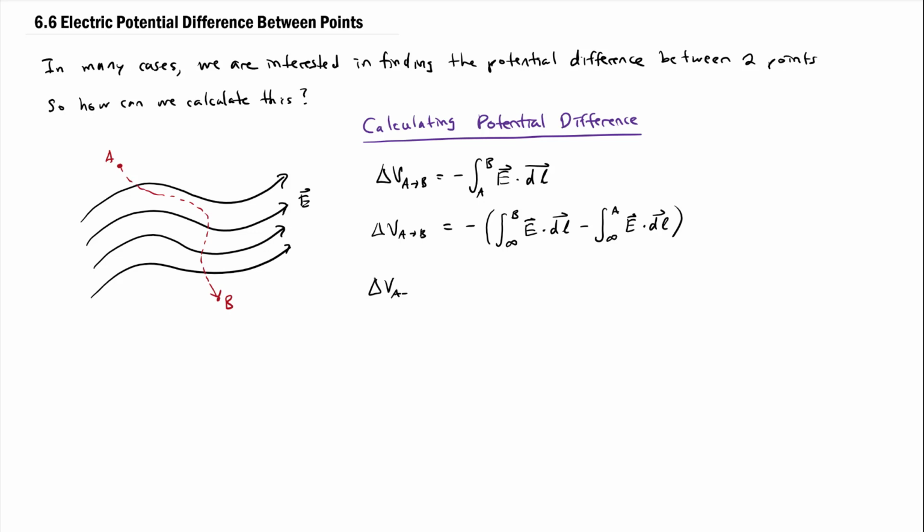In other words, we can have this rewritten as the integral from infinity to B of E dotted with dl plus the integral from infinity to A of E dotted with dl. And once you do the integrations, you'll find that the signs flip and you get VB minus VA.